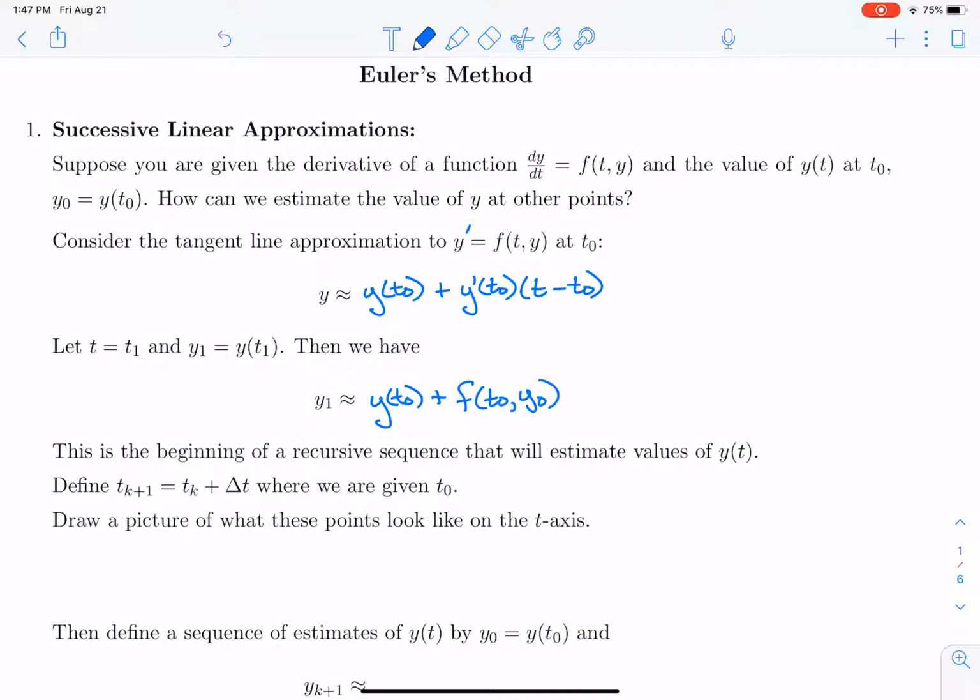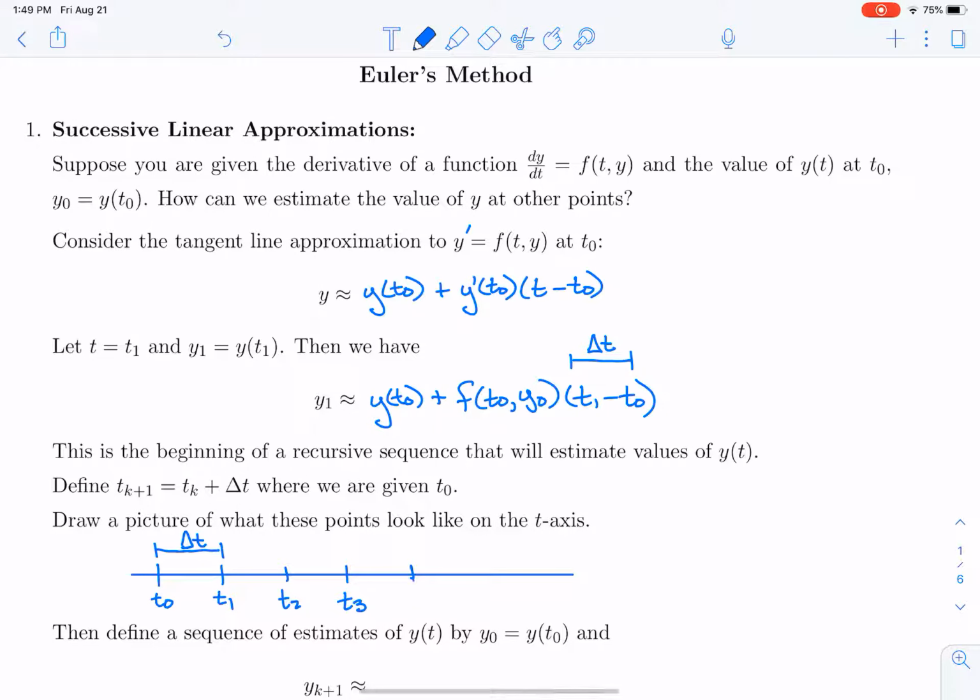So what does this sequence look like, where tk plus 1 is tk plus delta t? I'm going to start at t0, and then t1 is going to be t0 plus delta t. And then t2 is going to be t1 plus delta t. And t3 is going to be t2 plus delta t.